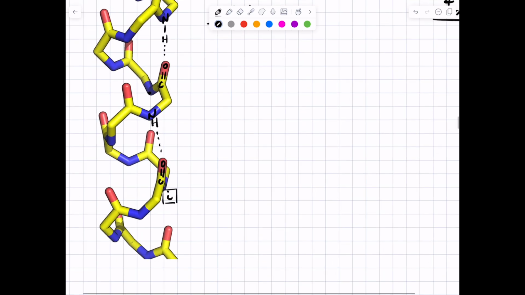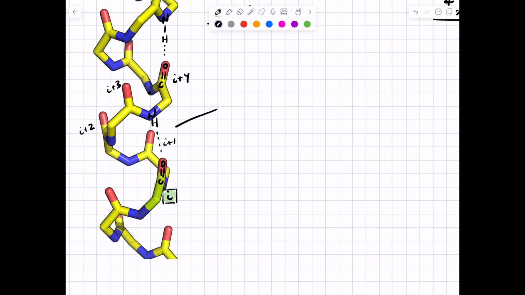The next one, and remember what belongs to that i amino acid, which I'm going to color green, is nitrogen, alpha carbon, and carbonyl carbon. So the next one we would call i plus 1. The next one we would call i plus 2, the next one i plus 3, and the fourth is i plus 4.